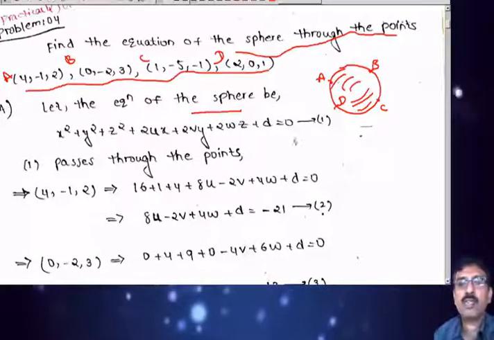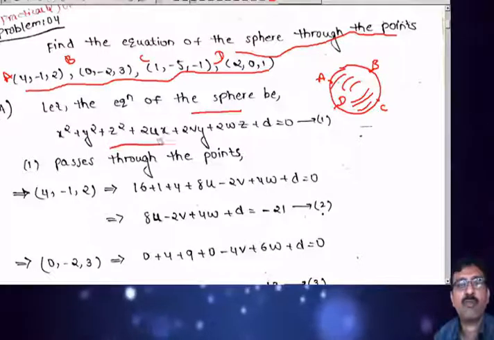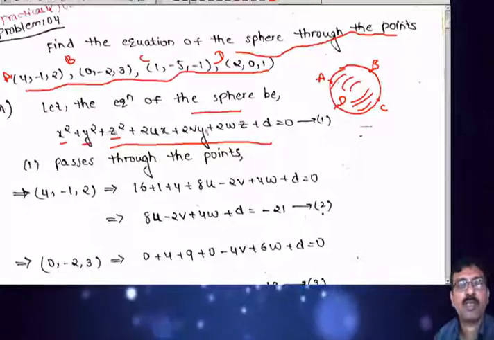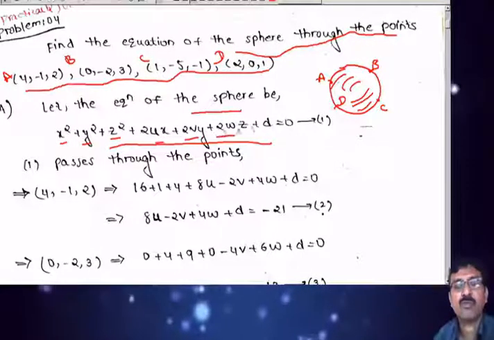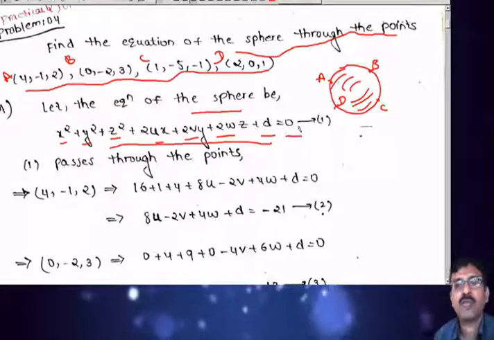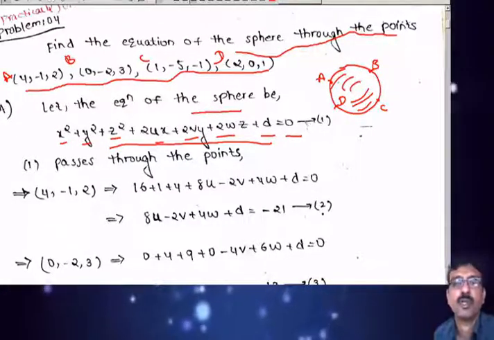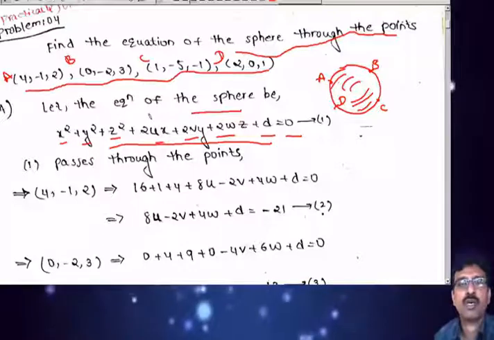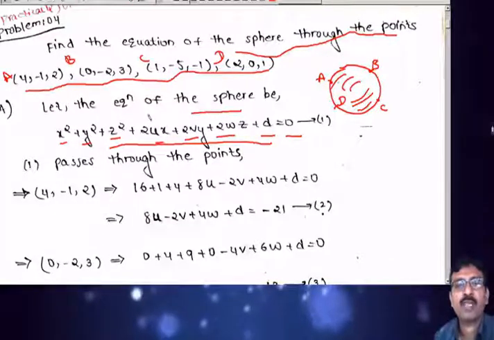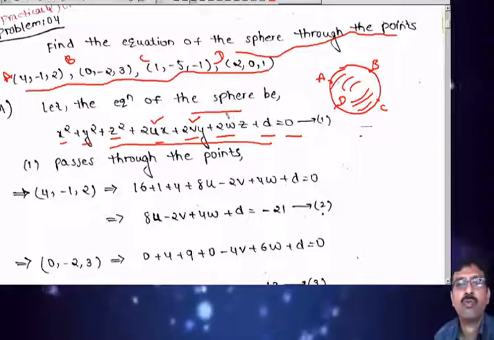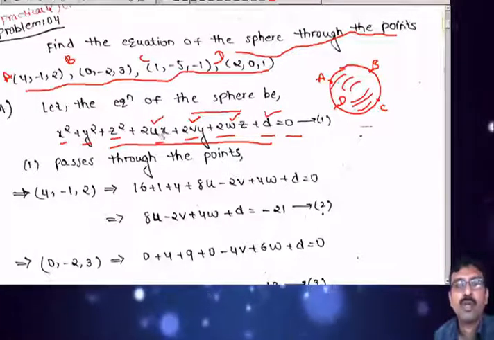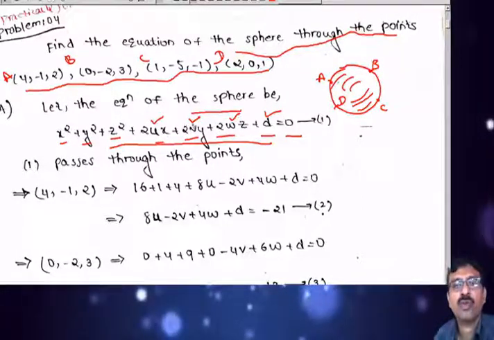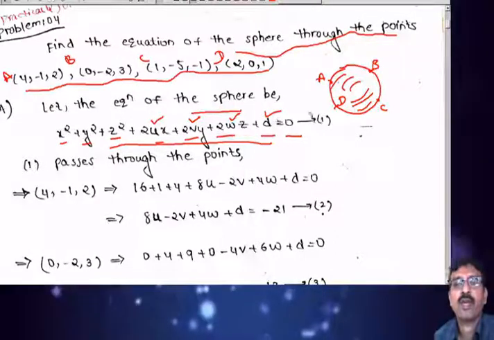For this we use the most general formula of a sphere, that is x square plus y square plus z square plus 2ux plus 2vy plus 2wz plus d equal to 0. In this formula, observe that only 4 values are unknown: u, v, w, d. If we find the values of u, v, w, d, then we can write the equation of the sphere.